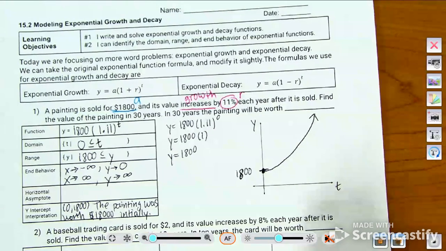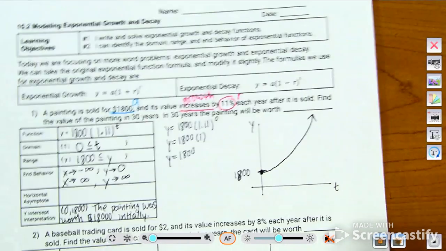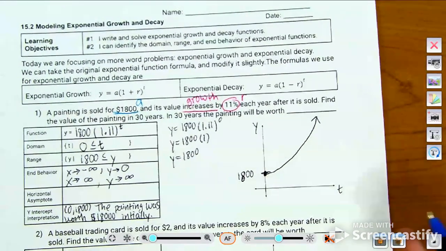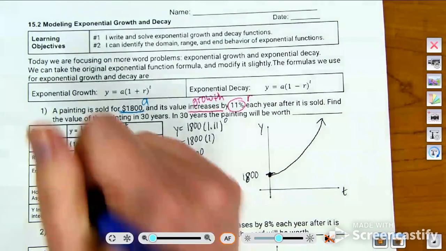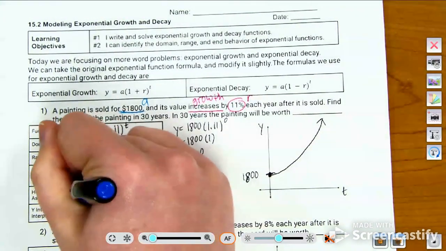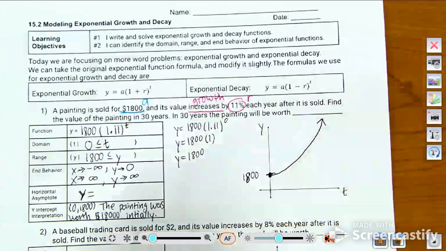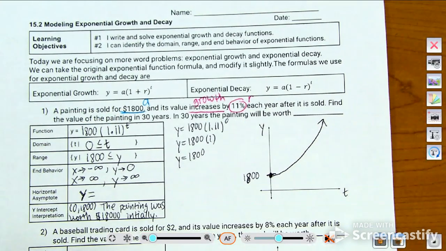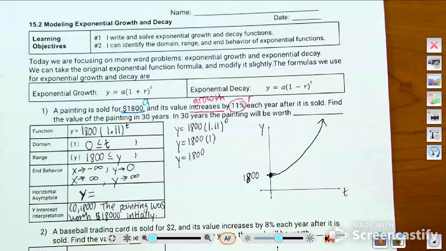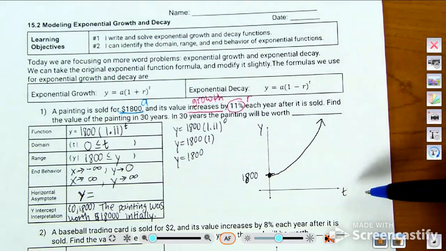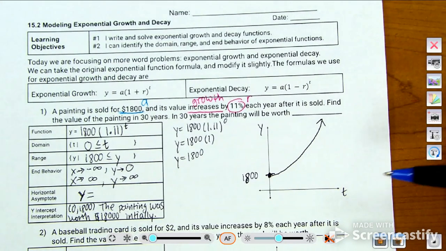The last thing we need to identify is the horizontal asymptote, which, as a reminder, is an equation of a line. So we need to make sure we have our variable. We can't just say a number. So we'd have to say y equals, and then whatever the value is. So exponential functions, whether they are growth or decay functions, will always default to having a horizontal asymptote at y equals 0.